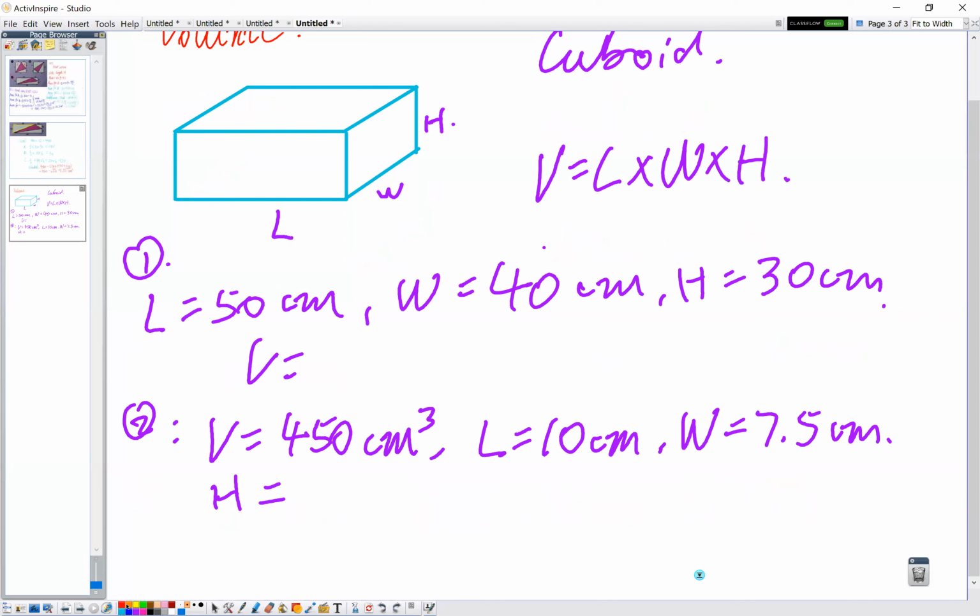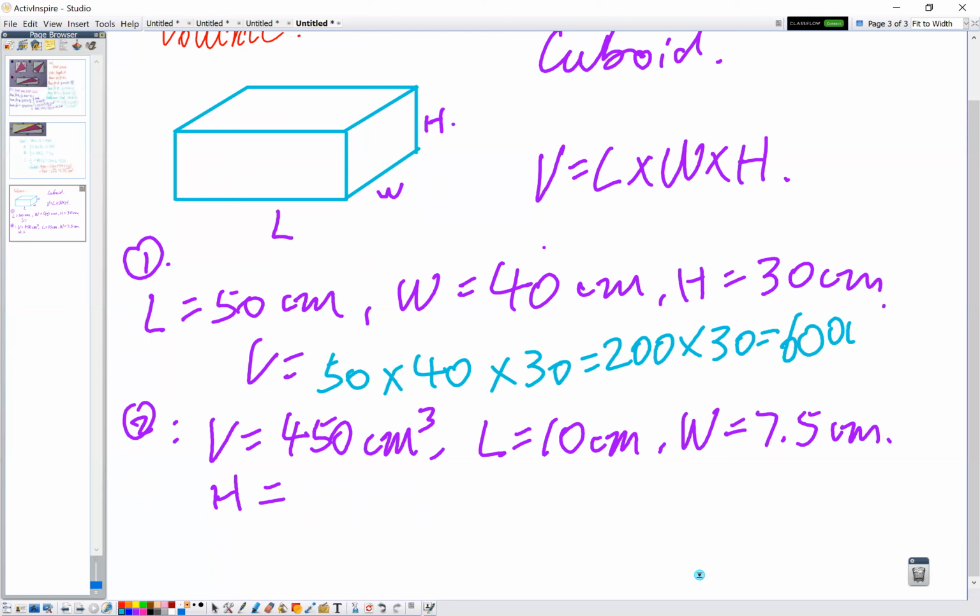We use 50 times by 40 times by 30. So this one is 200 times by 30. It becomes 6,000. So this answer is 6,000 centimeter cubed. Bear this in mind here.